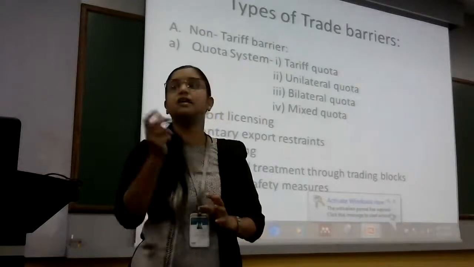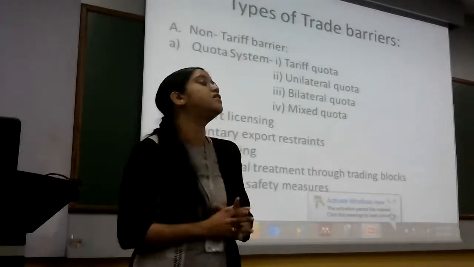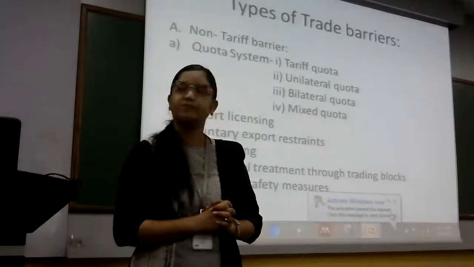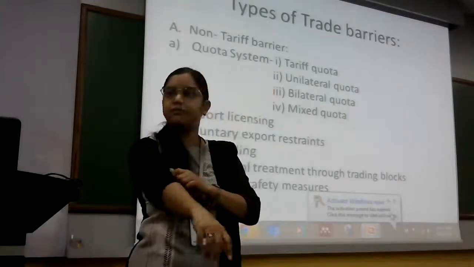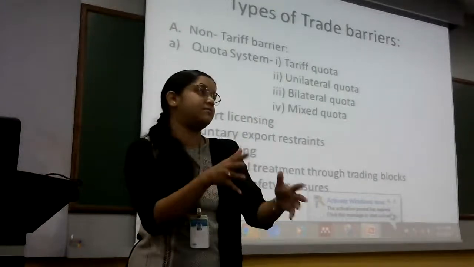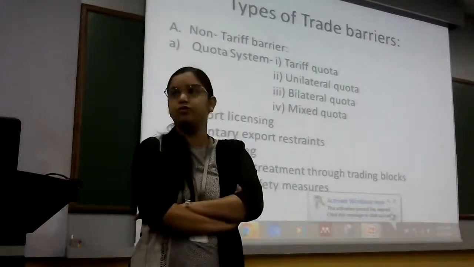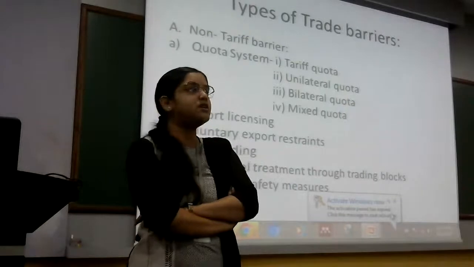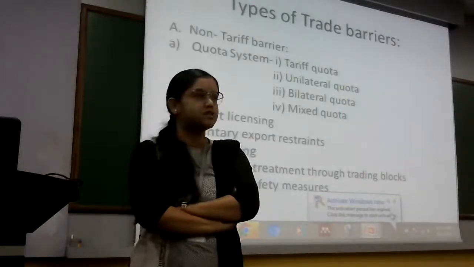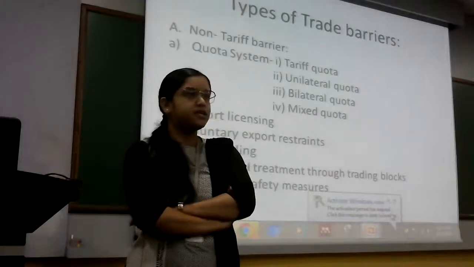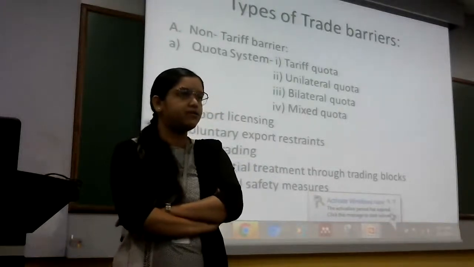The reason is nothing but government facilities and government subsidies, right? Generally, government gives subsidies, many subsidies and facilities that companies may get from government.